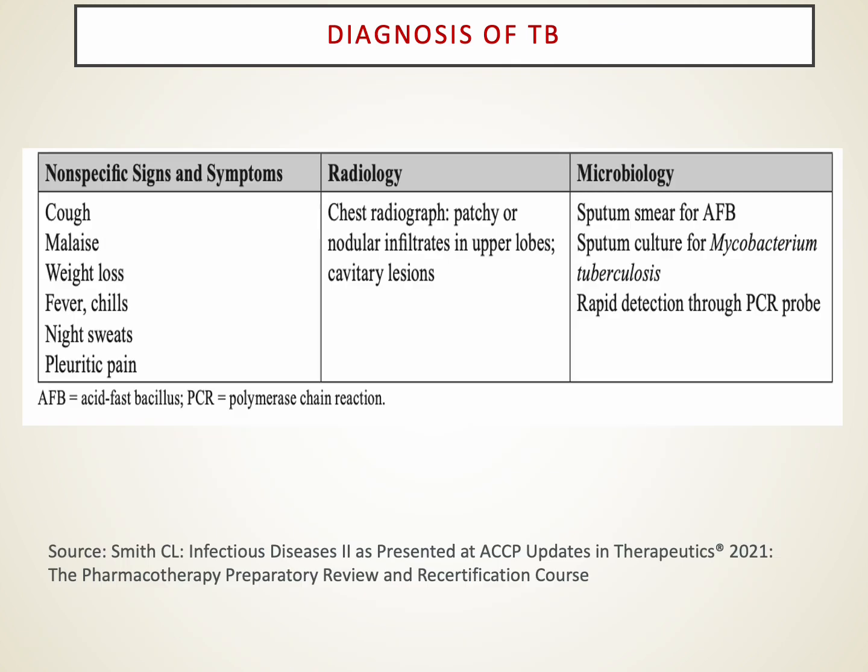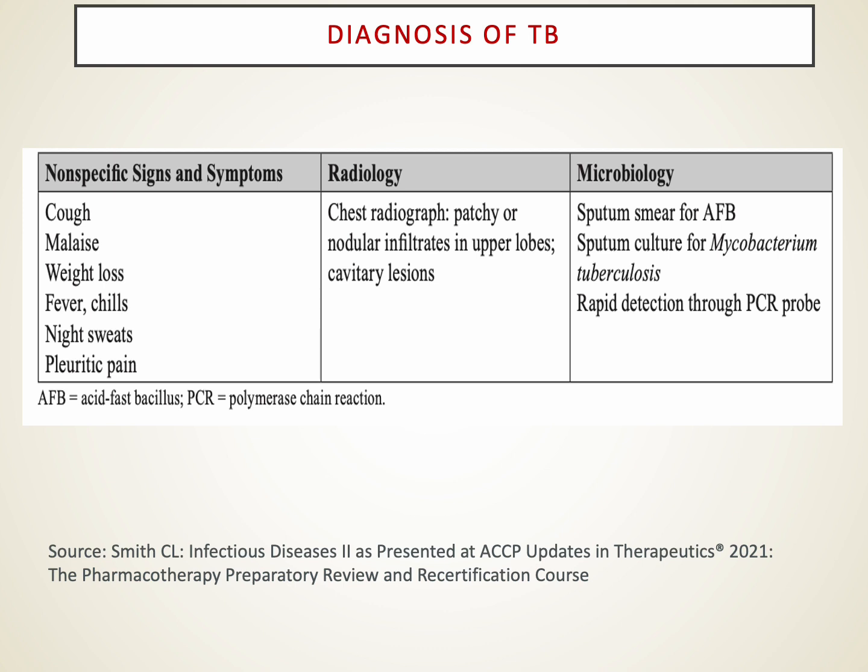For the diagnosis of TB, certainly we'll look at signs and symptoms and a patient history. All of those are critical in evaluating TB. Then you're going to look probably at a combination of both radiologic evidence and microbiology evidence as well. Keep in mind that while you want a culture for TB, tuberculosis is a very slow-growing pathogen, and so you may be waiting weeks for that sputum culture.